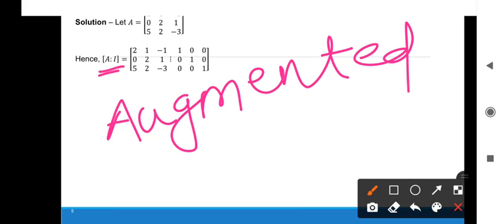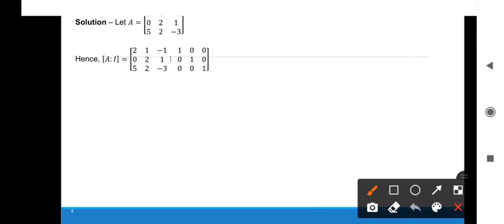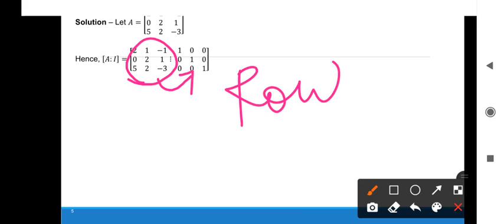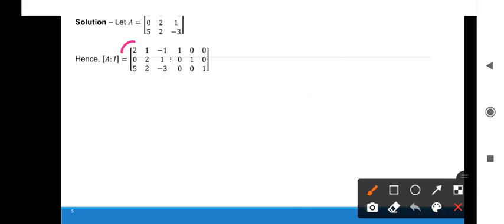So this is the very first step of the solution to find inverse of matrix by Gauss-Jordan method. Now our aim is to reduce this matrix to identity matrix by only row transformations, and for this reason we want here the first row first column element as 1, but here we are having first row first column element as 2.